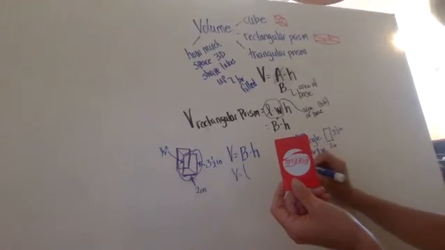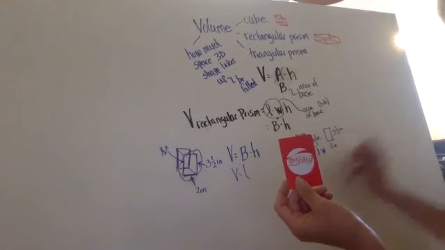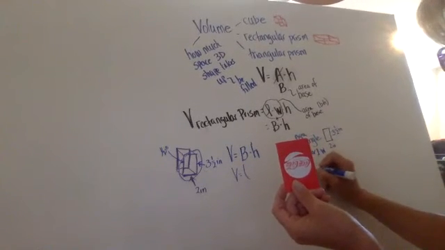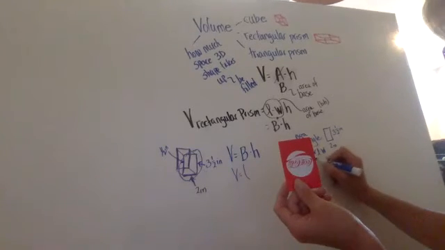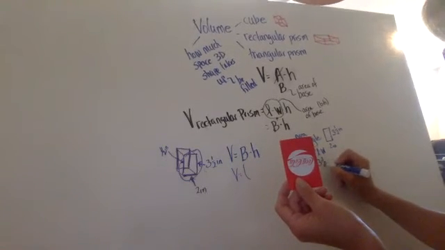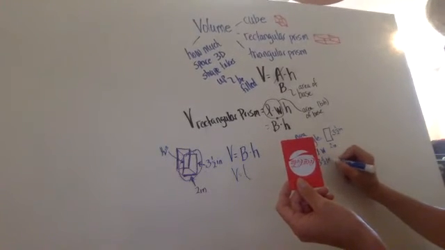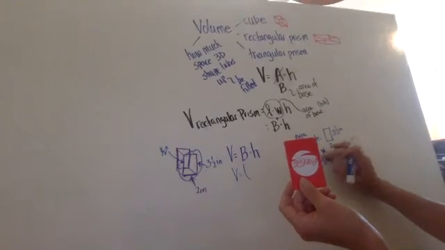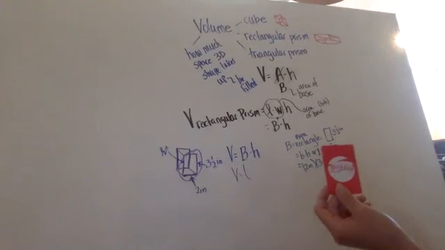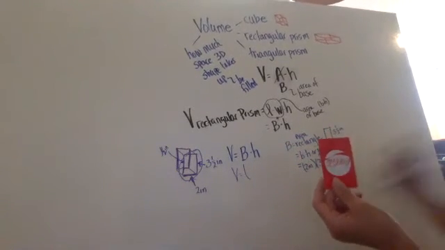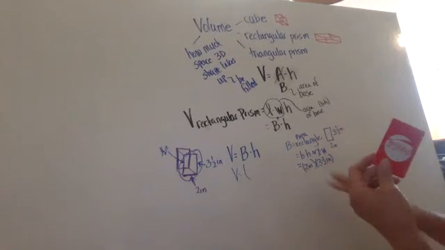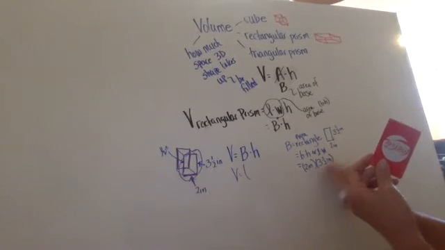Remember, I always put that L as cursive. So base would be 2 inches. The height would be 3.5 inches. And I do say and here because it is 3.5 inches. So I can figure this out, or for right now, I can just leave it as those two numbers and do it either way.